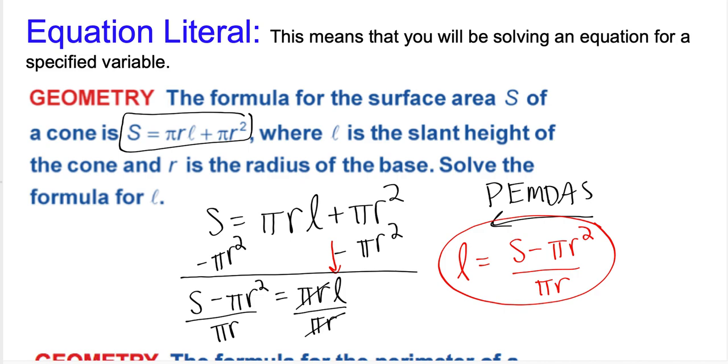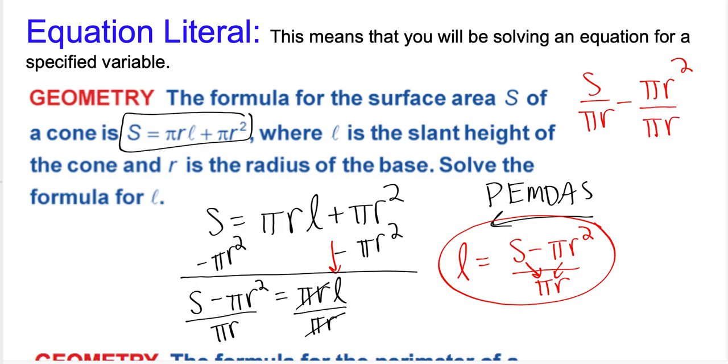If you wanted to spend a little bit more brain power on this question, simplifying it, you can think about how you simplify a numerator being added or subtracted with a common denominator. I can split this, putting pi r under both of them, all right? And so I'd have S over pi r minus pi r squared over pi r.